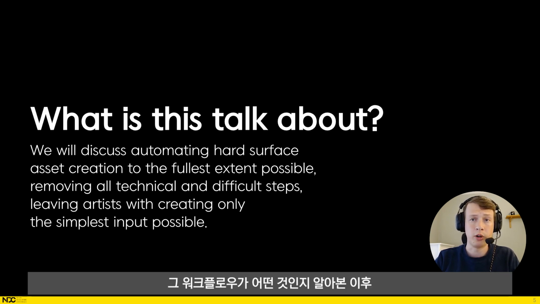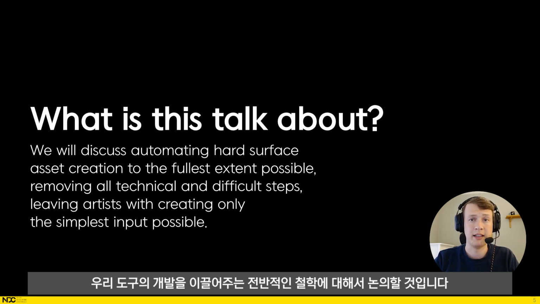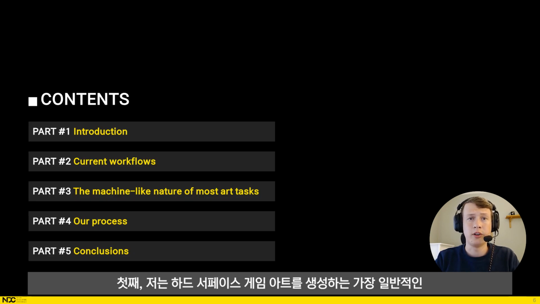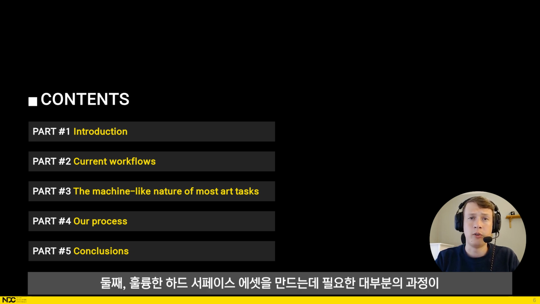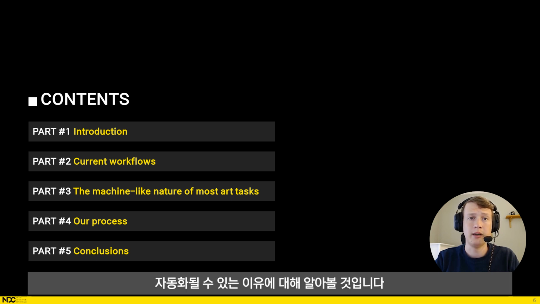We will see what our workflow looks like and then take a look at each step of our procedural process, as well as discussing the overall philosophy guiding the development of our tools. After this introduction, I will discuss the most common current workflows for creating hard surface game art. Then I will go over why large parts of what it takes to make good hard surface assets can be automated.